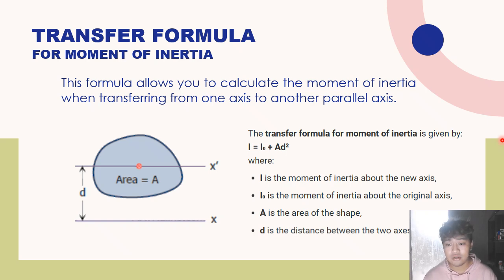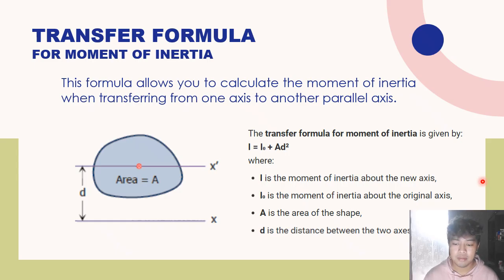So basically, we have here I is equal to Io plus A d squared, wherein I is the moment of inertia of the new axis, and Io is the moment of inertia about the original axis, wherein, again, if we use our common shapes, most of those are in terms of our centroid, also the original axis.